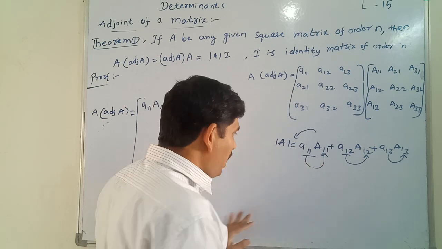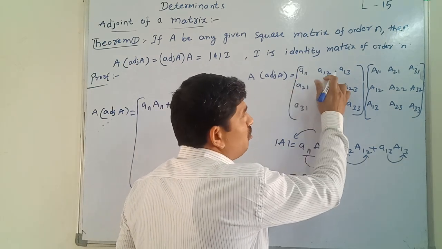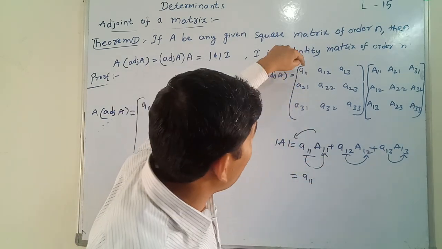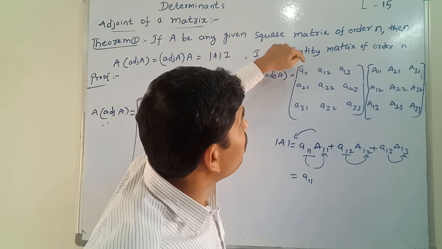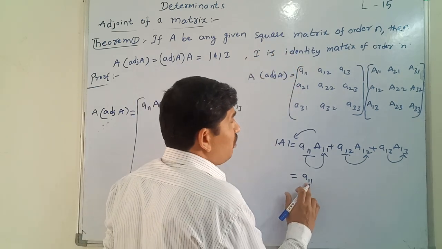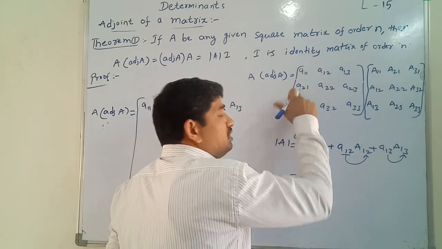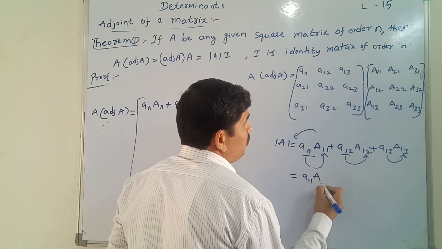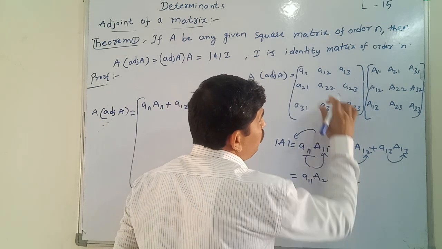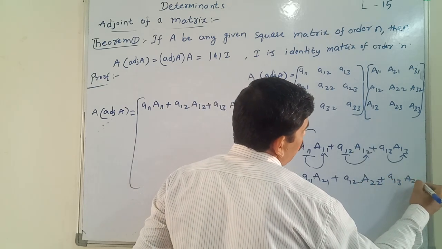Suppose I am writing like this, A11, this is the first row. By taking the first row, the sum of the products of the first row elements multiplied with the cofactors of the second row, means A11 multiplied with capital A21, plus A12 into capital A22, plus A13 into capital A23.